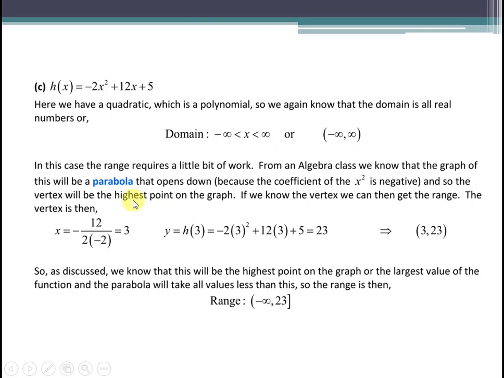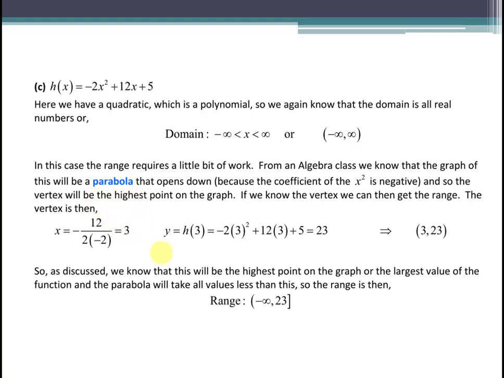And the vertex will be the highest point on the graph. Using the vertex, we can then get the range. The vertex is given by the formula x equals minus b over 2a. In this case, b is 12, a is minus 2, and the value of x at the vertex is 3.